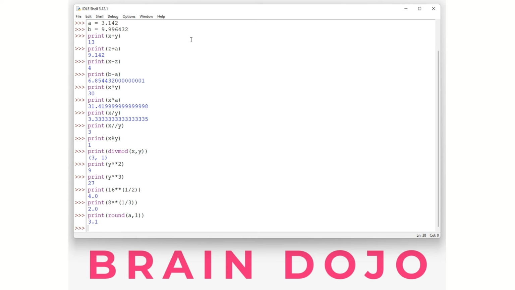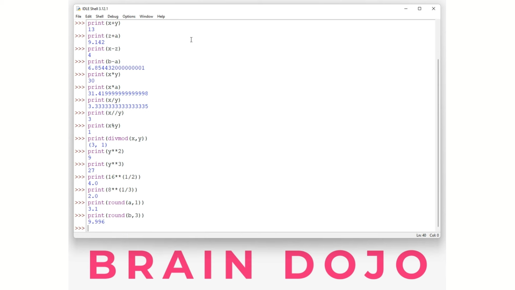Let's round off the next one. So print, sorry about that, round b, and let's say we round it off to 3 decimal spaces or 2 decimal spaces, your choice. We're going to try both.